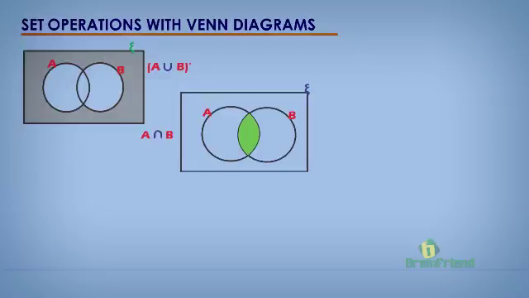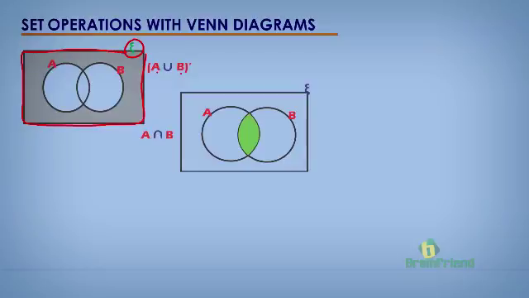Let's take a look at another Venn diagram. The Venn diagram here also is depicting the operation of A union B prime. That is the complement of the union of A and B. Once again, our universal set is drawn as a rectangle that encloses every other set under consideration.